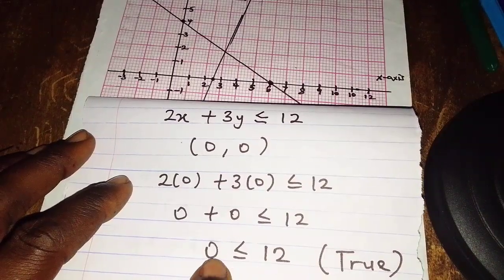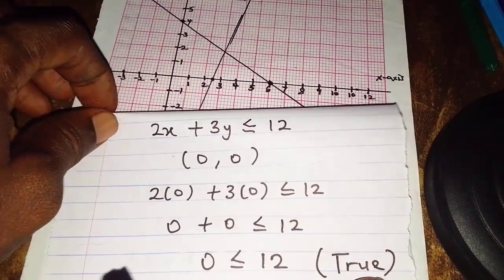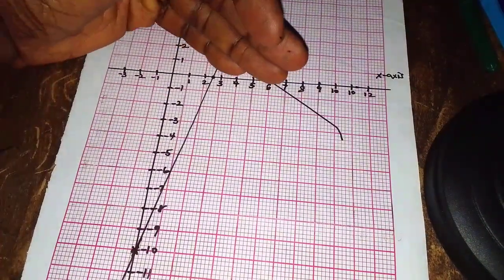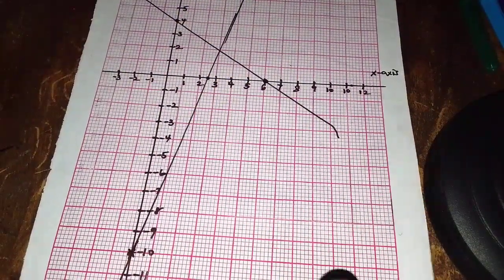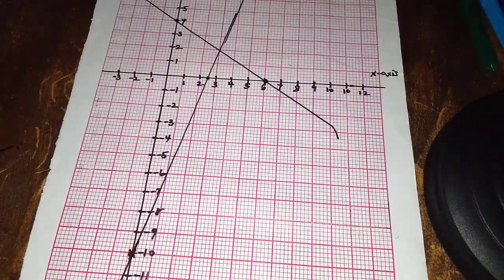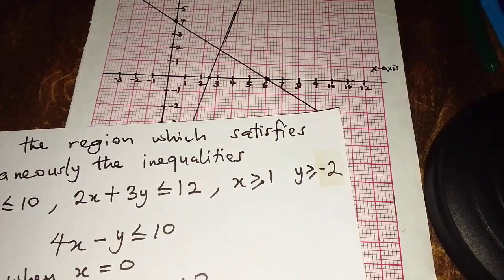Since 0 is less than 12, this statement is true. So we will shade this part of the graph. Take note of it, that's where we have to shade in your mind so that you'll be able to get the true solution.